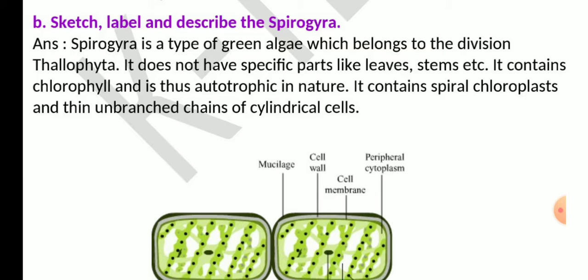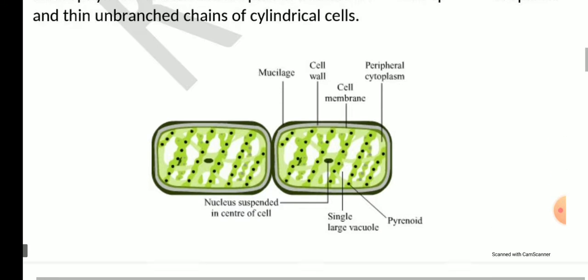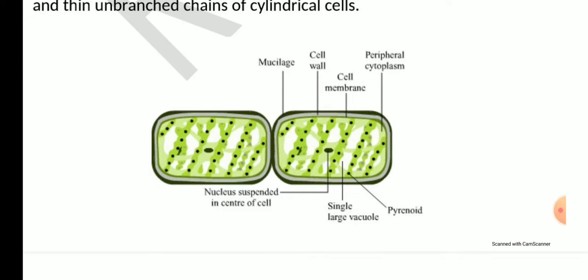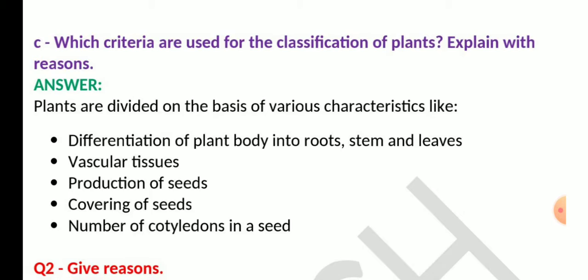It contains spiral chloroplast and thin unbranched chains of cylindrical cells. As you can see, children, this is the picture of Spirogyra. Okay, you need to draw this and label it correctly and properly. Okay, very good. Let's see the third question.